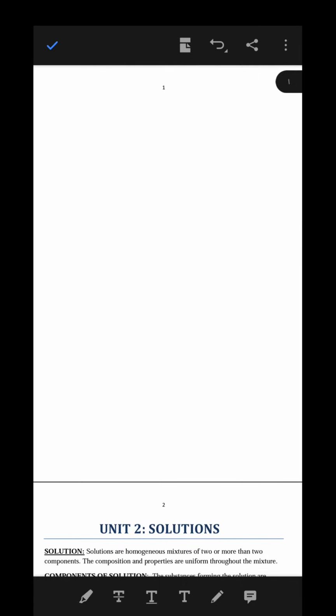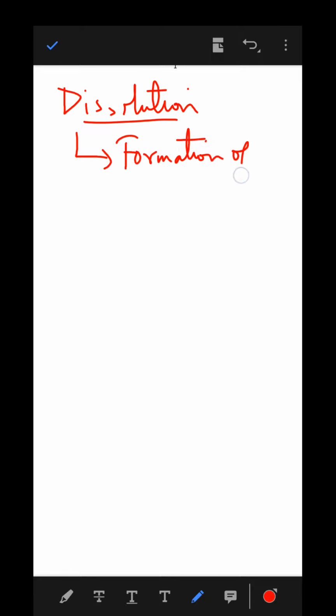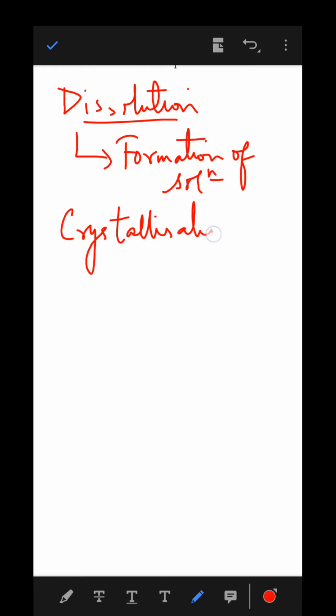Let me take a page here. So dissolution, what is dissolution? Dissolution is the formation of solution, and the opposite of dissolution is crystallization.